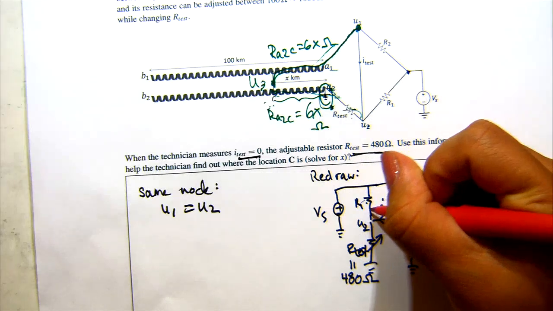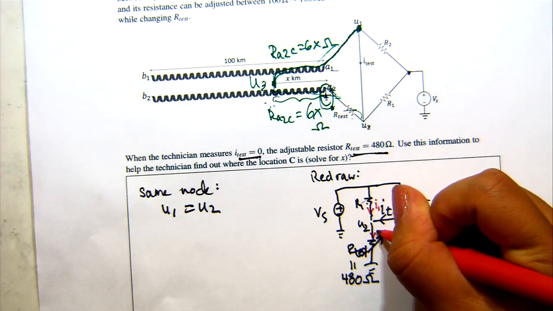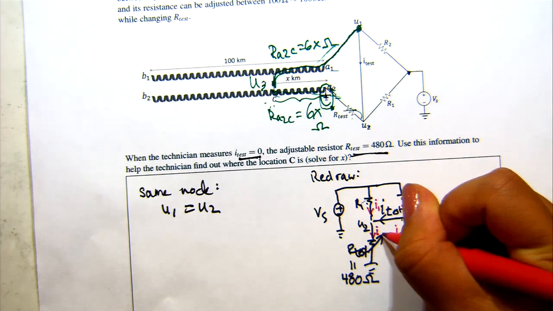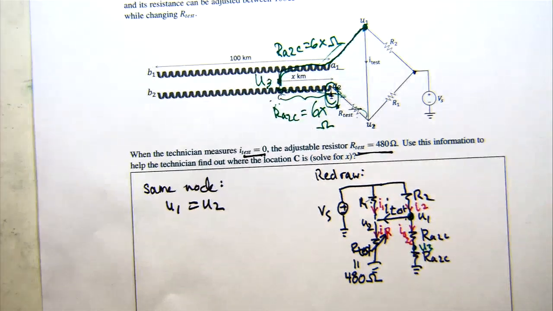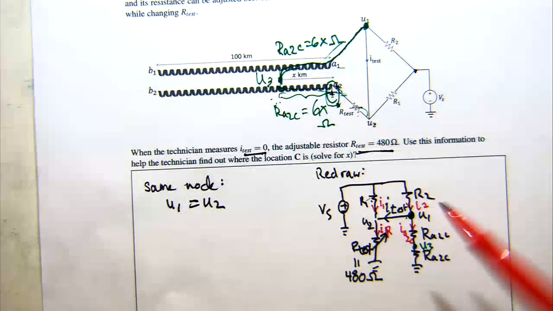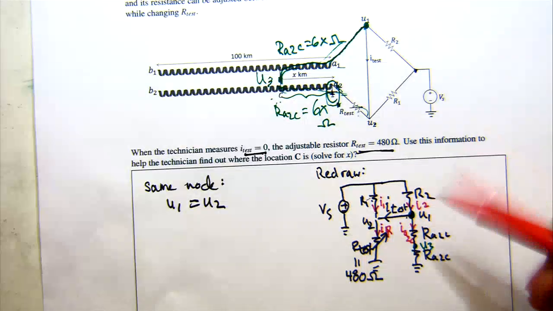This guy can be maybe I1, and then this one can be I test, IR. So if we were to do KCL at this node, right?